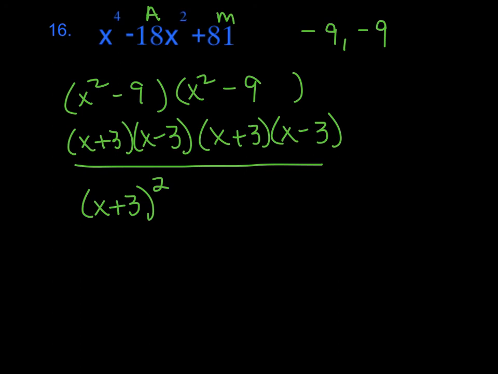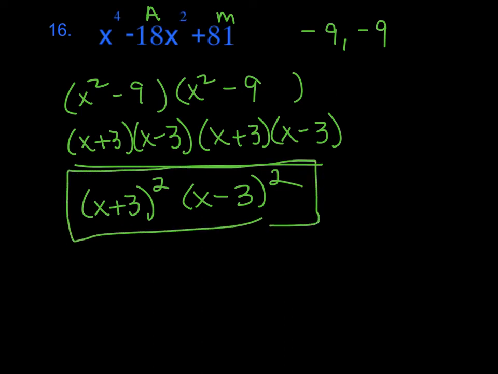Likewise, I have x minus 3, and I have x minus 3, and I, in this case, have that also twice. So I can always represent that quantity itself squared. So this would help represent the dimensions of the square, and that is choice A.